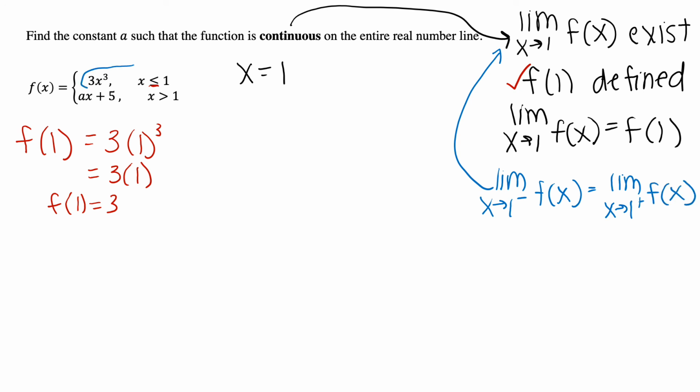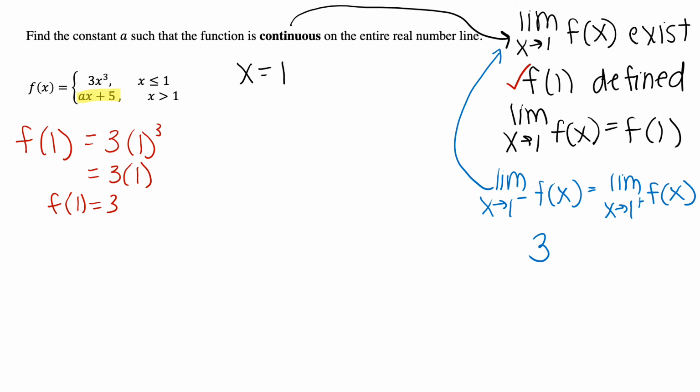Because we already have this piece defined, 3x cubed, when x is less than or equal to 1, we know that the limit as x approaches 1 from the left, we would plug in 1 by direct substitution into that function, and we would get 3. So our task is to define our function ax plus 5 so that the limit as x approaches 1 from the right of this function is equal to 3.